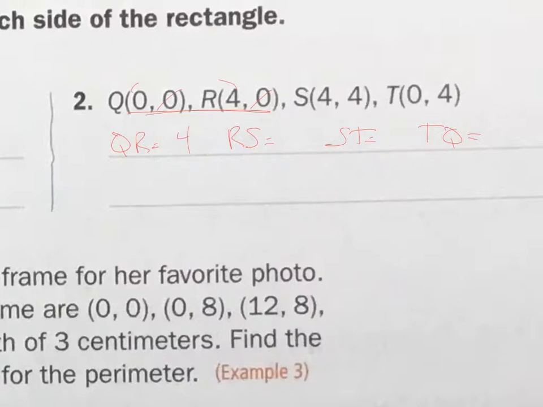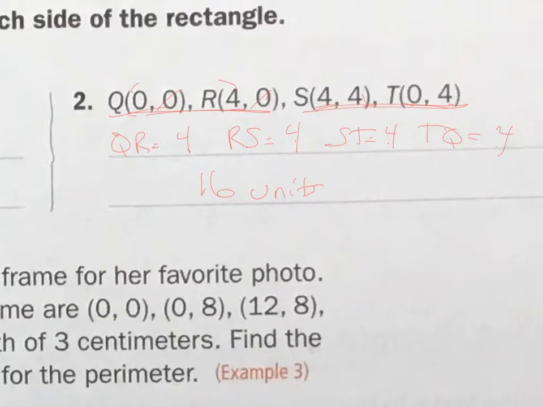R and S, 4s are the same, the difference between 0 and 4 is 4. ST, 4s are the same, the difference is 4. And then T to Q, x's are both 0, the difference between 4 and 0 is 4. And 4 plus 4 plus 4 plus 4 equals 16 units.